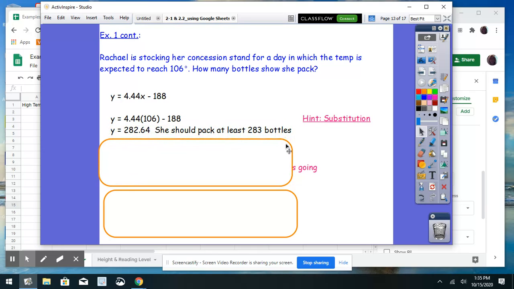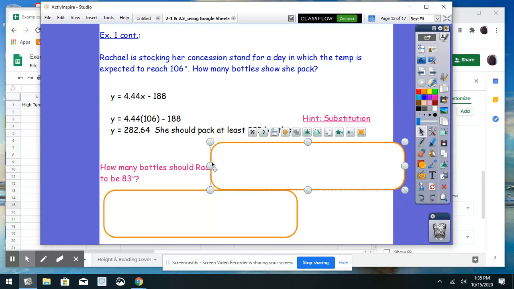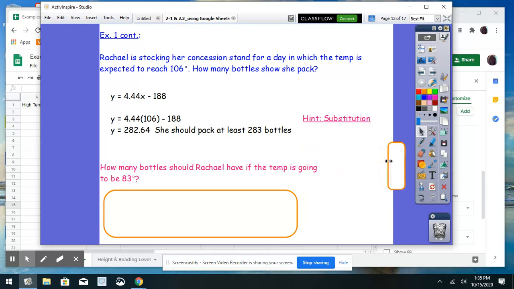And that's going to give us 282.64. So knowing that she's not going to sell a part of a bottle of water, she would need to take a full 283 bottles of water with her so that she knows she has enough on hand. And again, the hint here is to substitute; we're substituting in that 106 for the x.